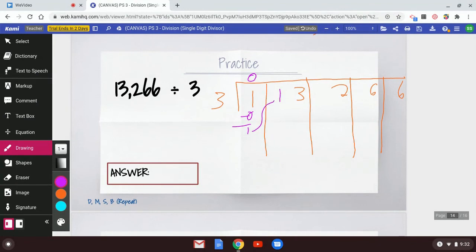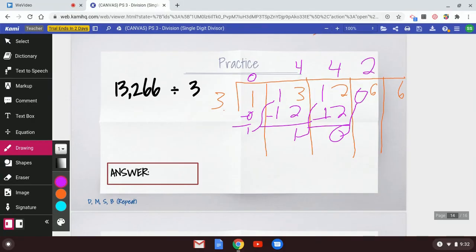Bring that up. 3 goes into 13 4 times. 3 goes into 12 4 times. Am I to the far right? Nope, I have to keep going. 3 goes into 6 2 times. And farthest right I can go, 3 goes into 6 2 times. And that's a 6.